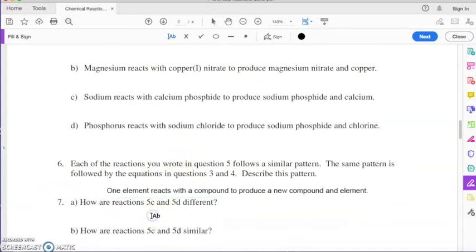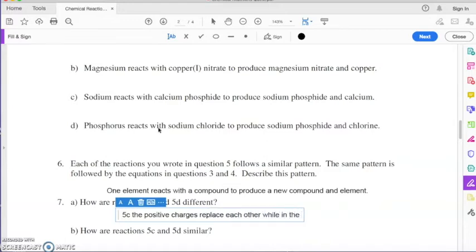Now, how are 5C and 5D different? In 5C the positive charges replace each other, while in 5D the negative ions replace each other.